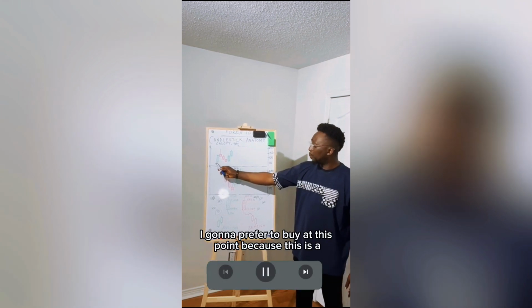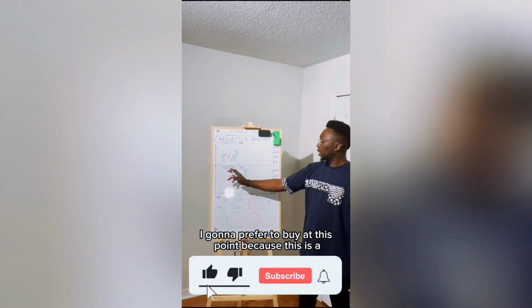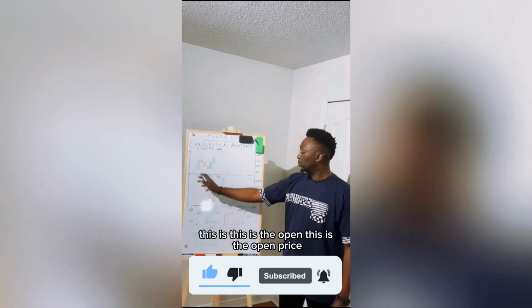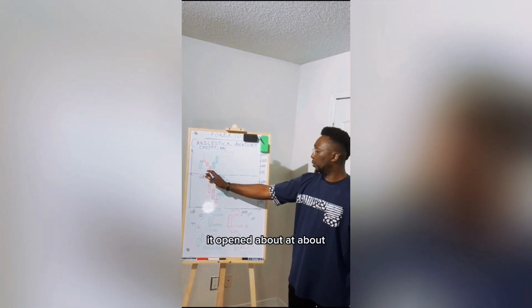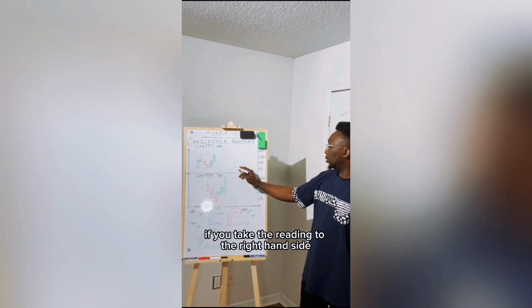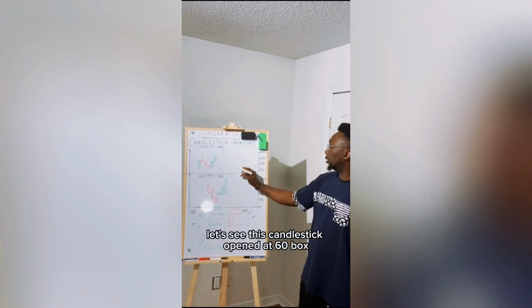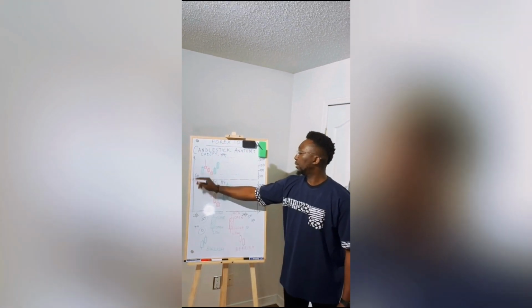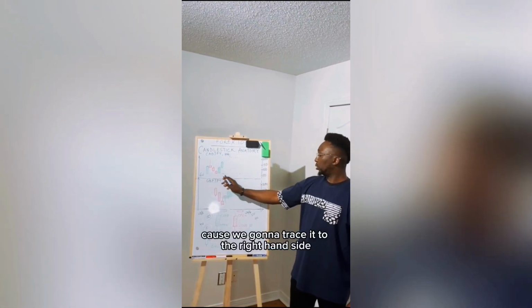I'm going to prefer to buy at this point, because this is the open price. If you take the reading to the right hand side, let's say this candlestick opened at $60, because we trace it to the right hand side.